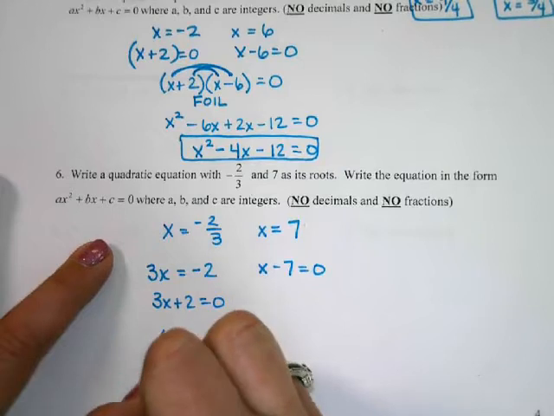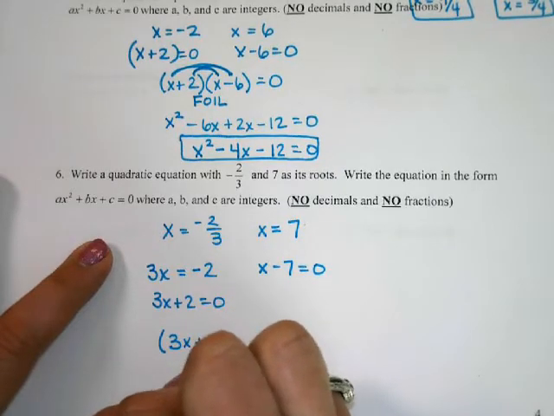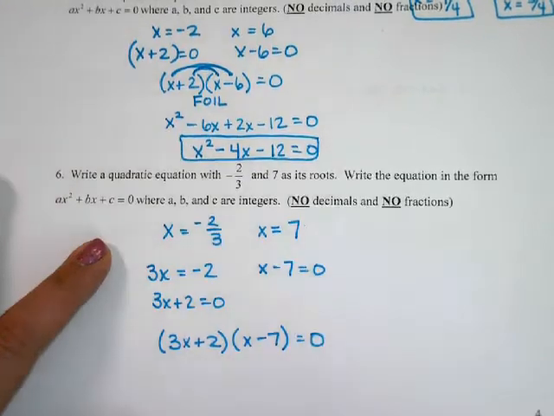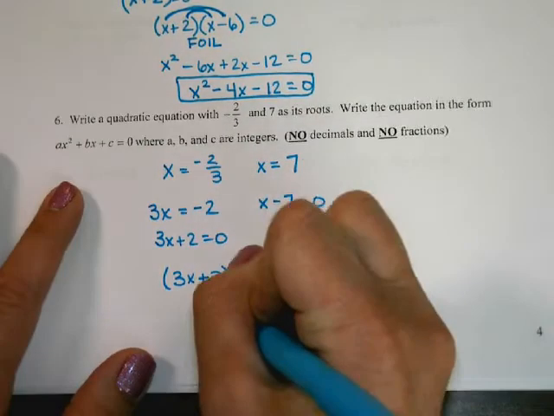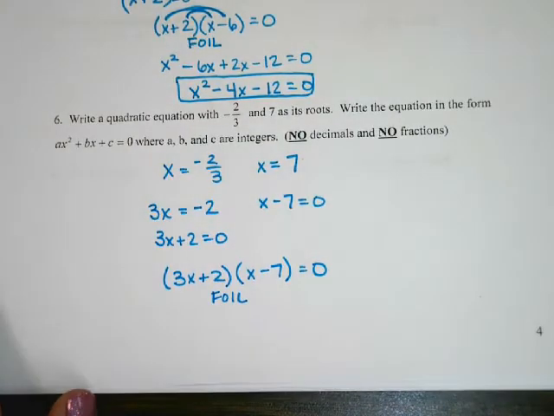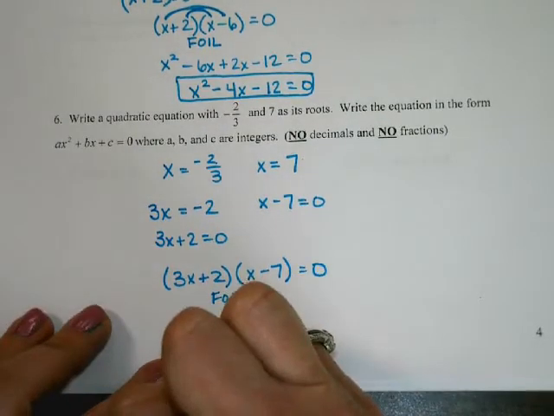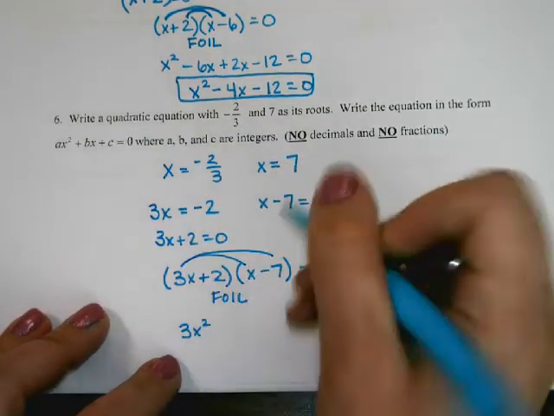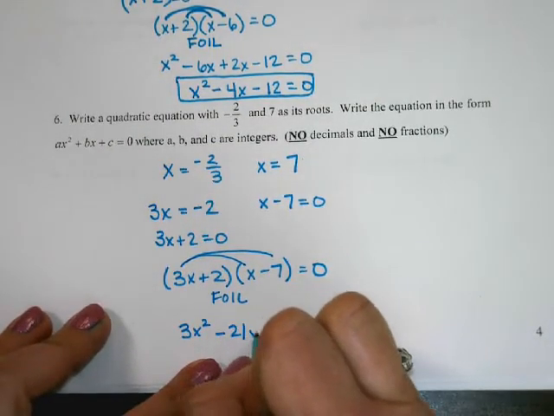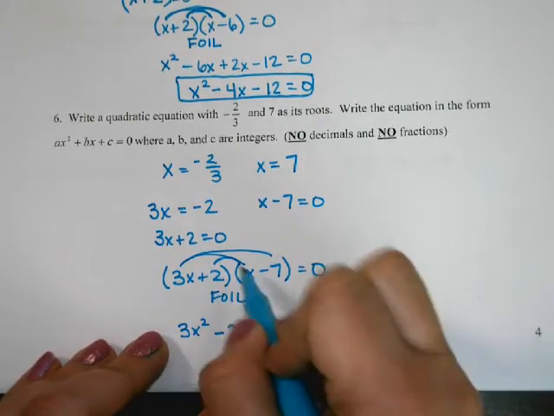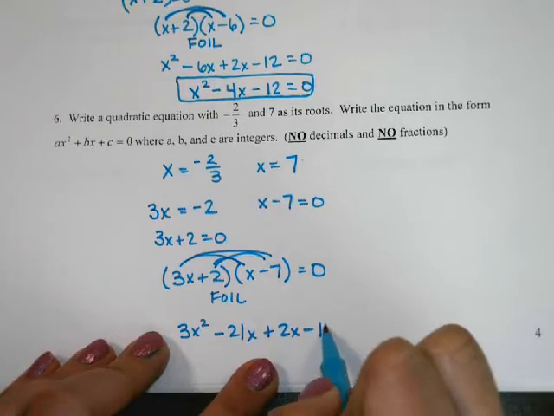So my factors are 3x plus 2 and x minus 7. FOIL. So 3x squared minus 21x plus 2x minus 14.